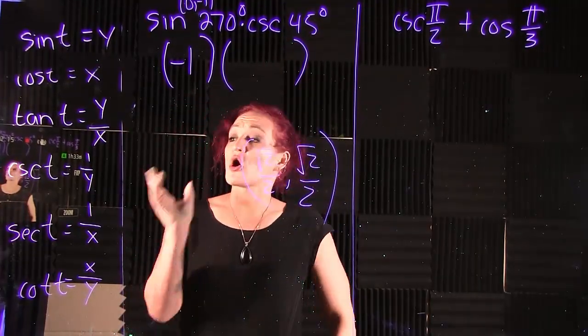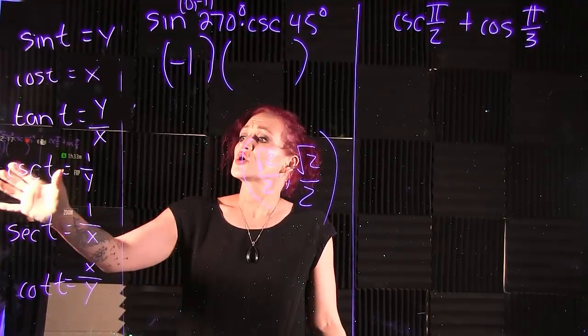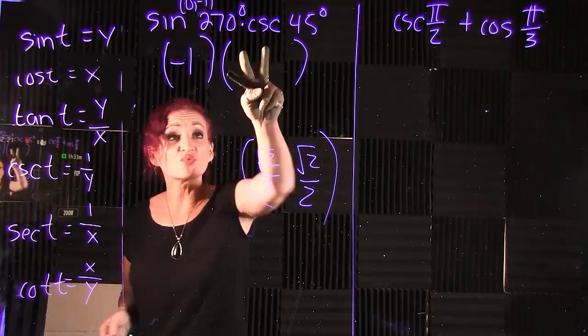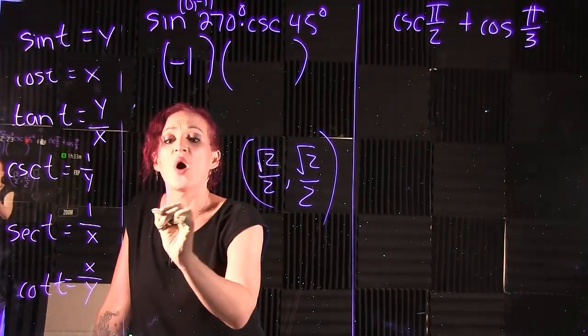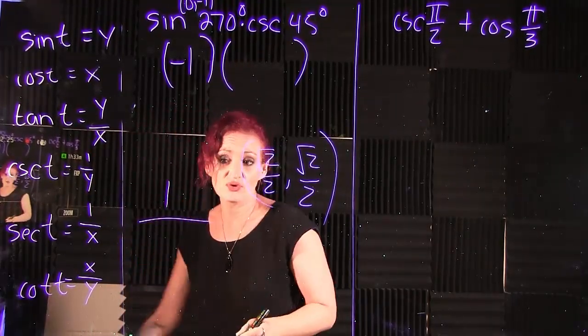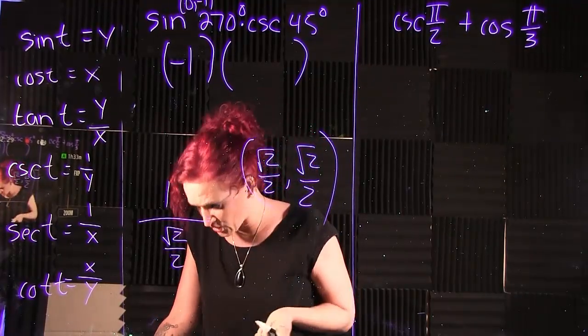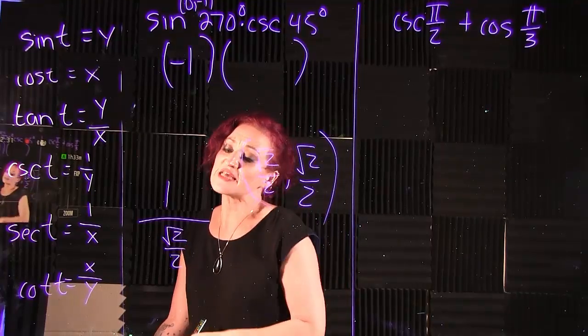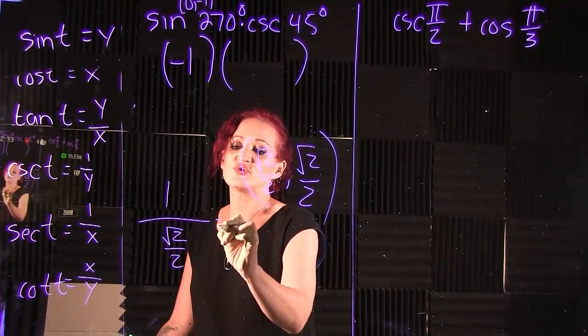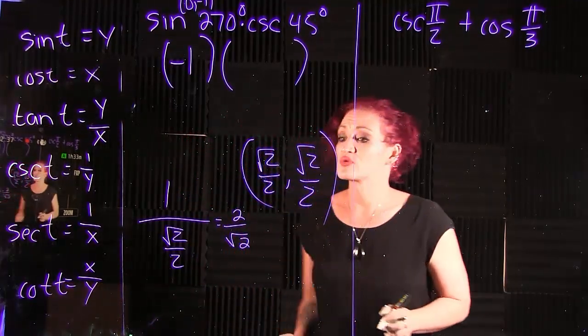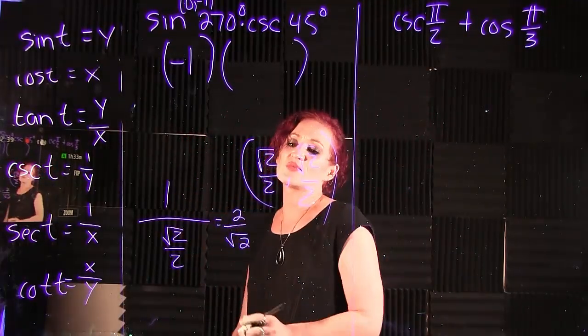Now, cosecant is 1 over y. So that's what I need to input: 1 over the y value, which would be 1 over square root of 2 over 2. When we simplify that, it is really 2 over square root of 2.